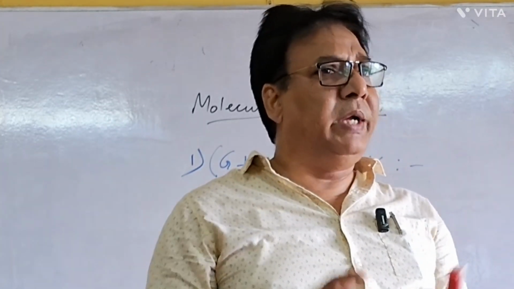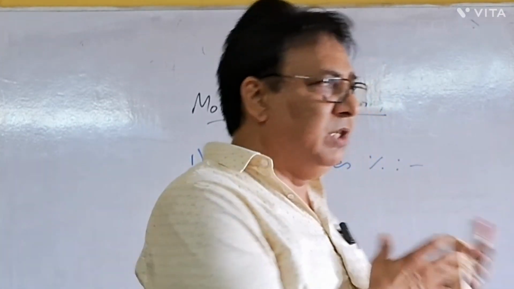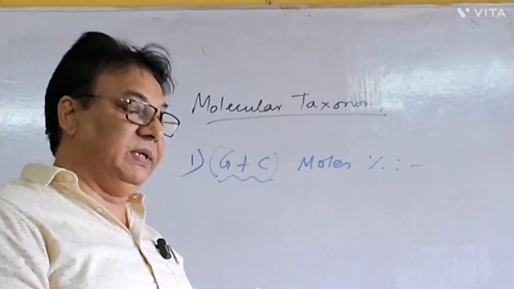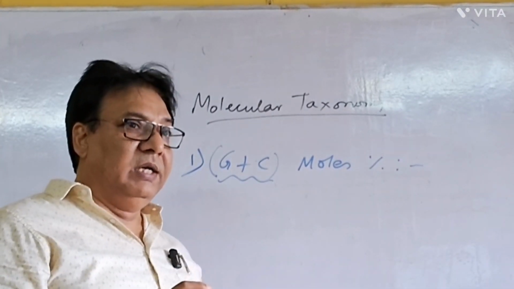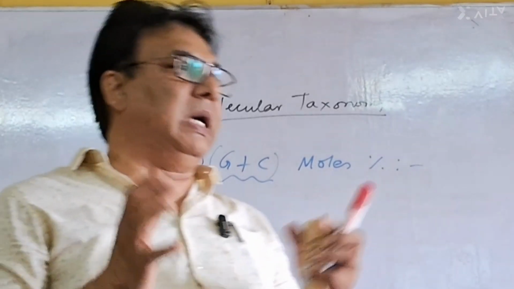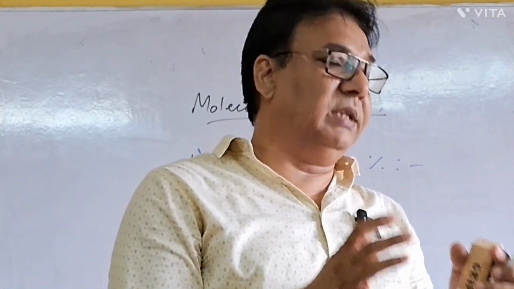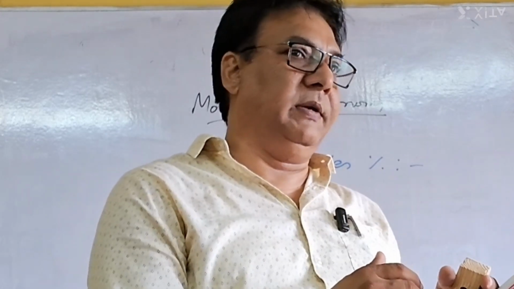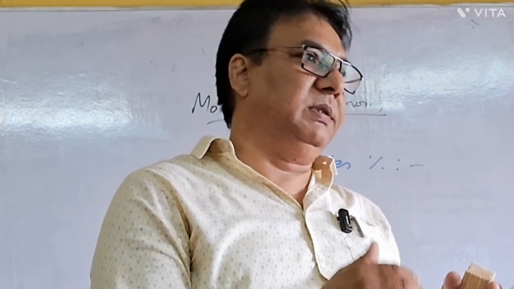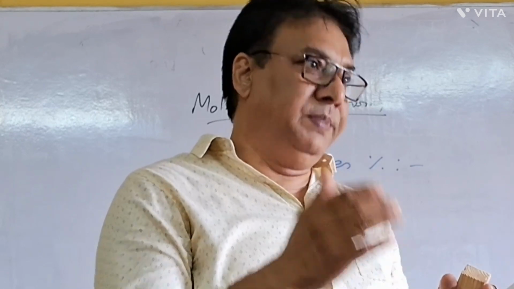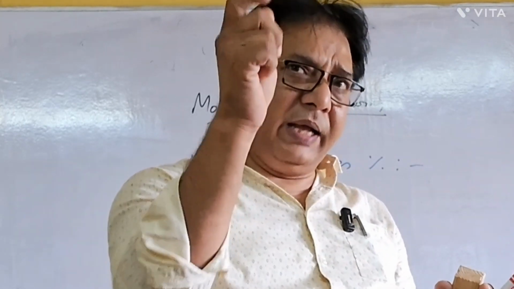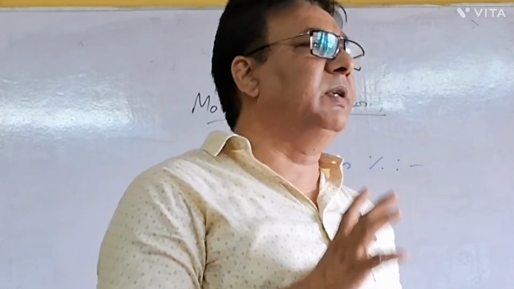This G plus C will not help you in species identification or genus identification. This will only help you to group some organisms together, like G plus C moles percent 40 to 50%, or 50 to 60%. So grouping is possible.